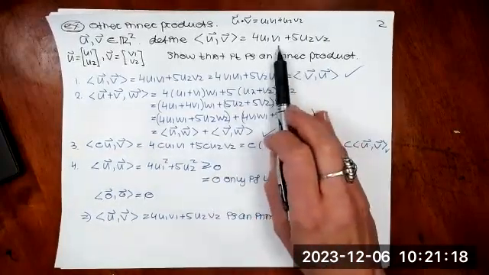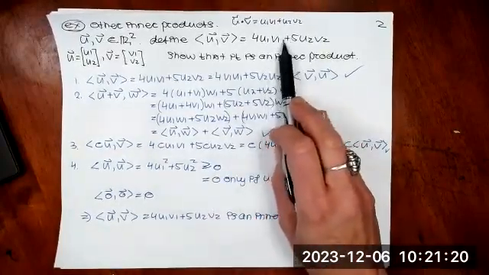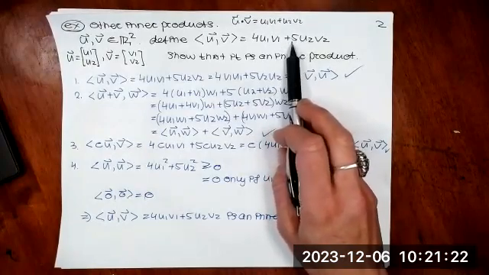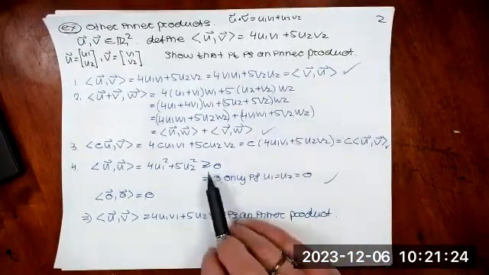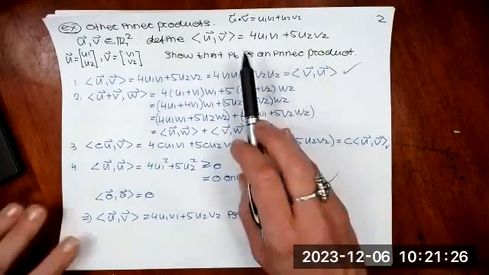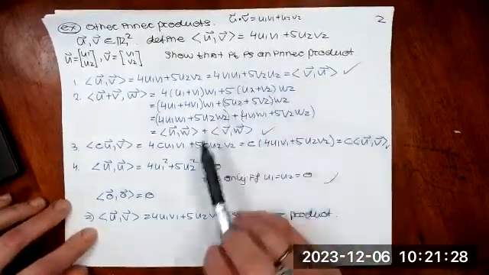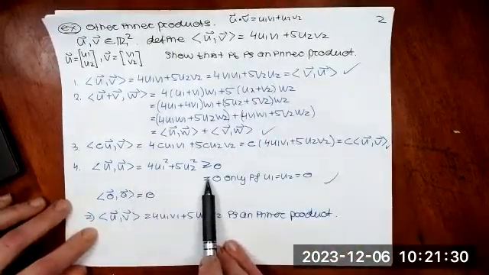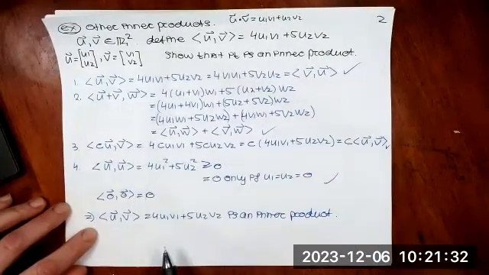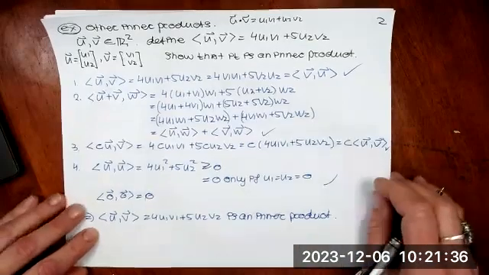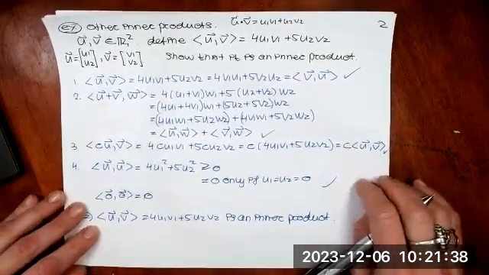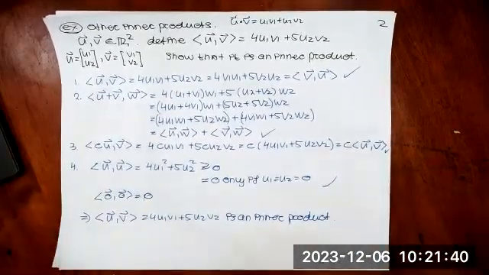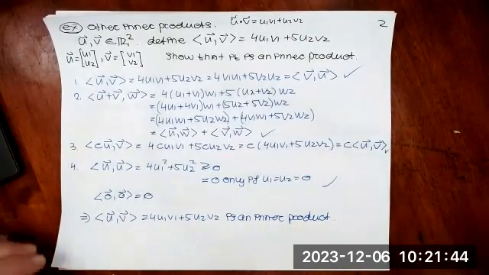If this was -5, then I would have issues, because I may end up with something negative, but I have positive numbers here. I'm good. It's still going to be an inner product. That makes sense? So the dot product is a special case of an inner product, but an inner product is a more general concept.